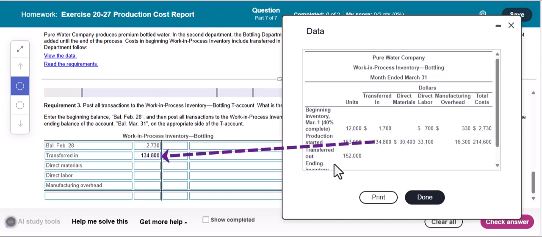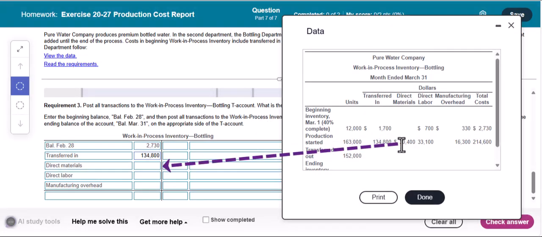And just as a reminder for that, transferred in, we don't want to take these total costs because that includes the direct materials, labor, and manufacturing overhead. So we're just dealing with transferred in here, that 134,800 for this one. And next we want the direct materials, so we're going to go ahead and grab this number, this 3,400 next.